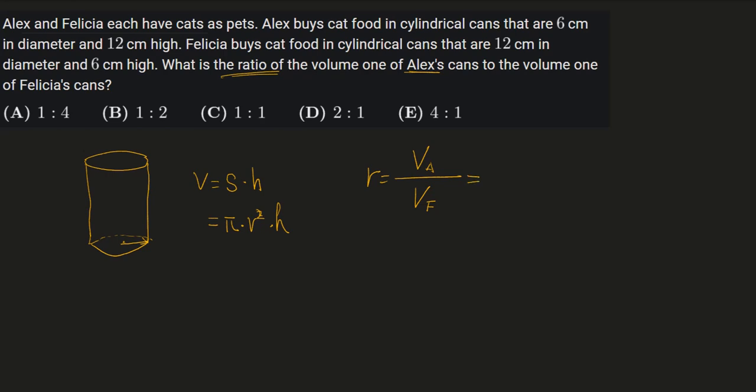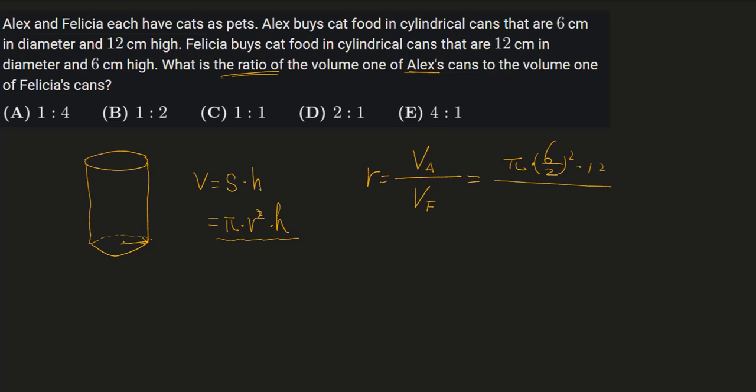Okay, so let's plug in this formula. For Alex's cylinder, we have the volume equals pi times r squared. That is basically half of the diameter, so half of 6, squared, and then times 12, which is the height.